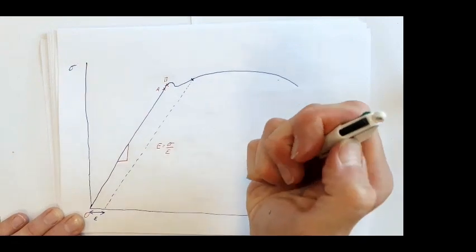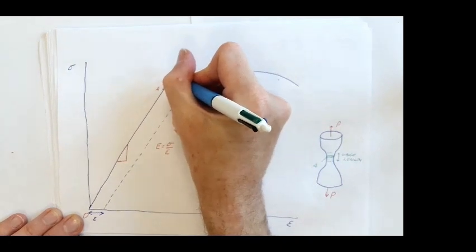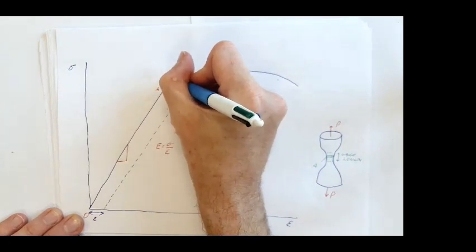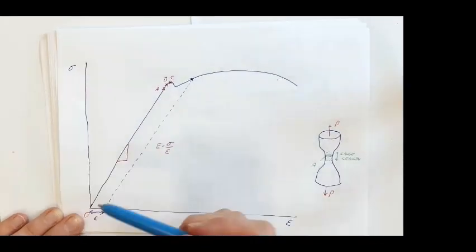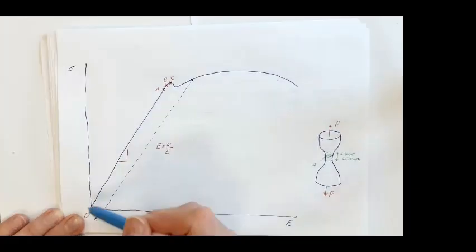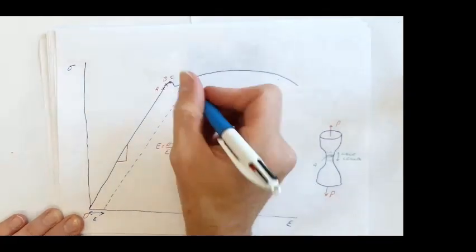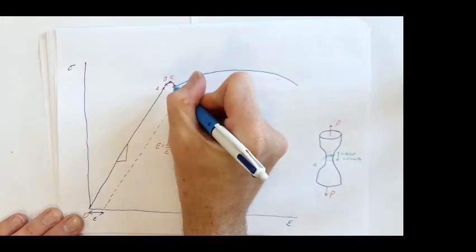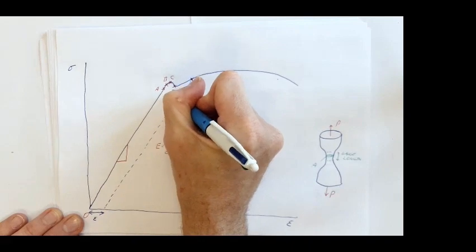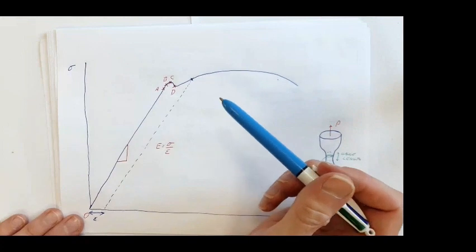Now, beyond B, our curve increases to point C, and point C is known as our upper yield point. It's as far as our material goes along this curve. We then see a drop in stress to this point here. Let's call this point D. Point D is known as our lower yield point.